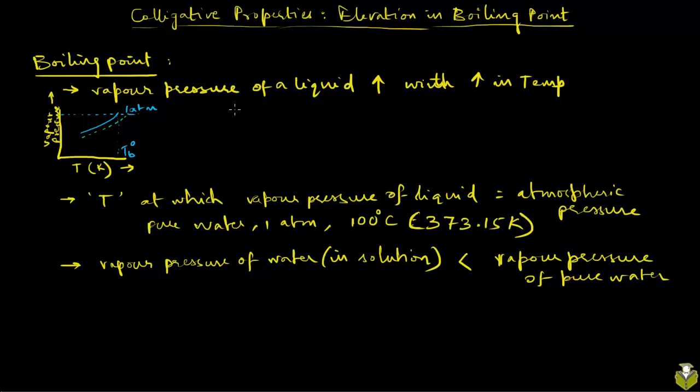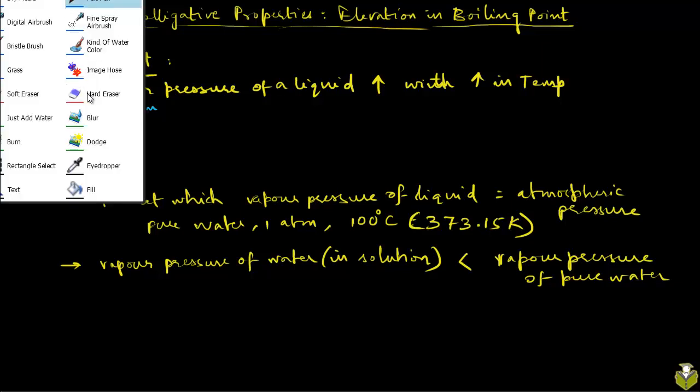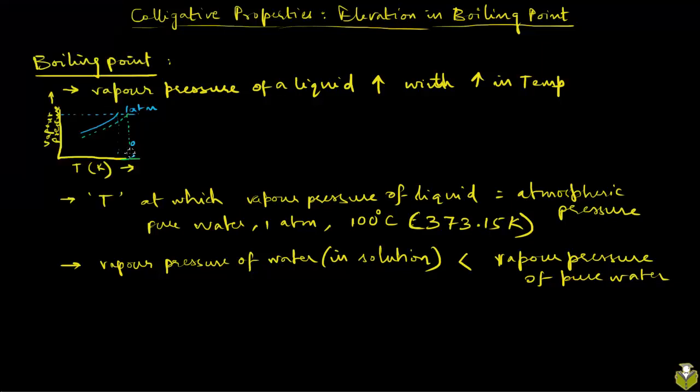So now based on all this information, what can we say about the boiling point of this solution? The solution is going to have a higher boiling point. So let's just erase this and write it differently here. This will be TB0, the boiling point of pure liquid, and then this will be TB of this liquid in the solution.